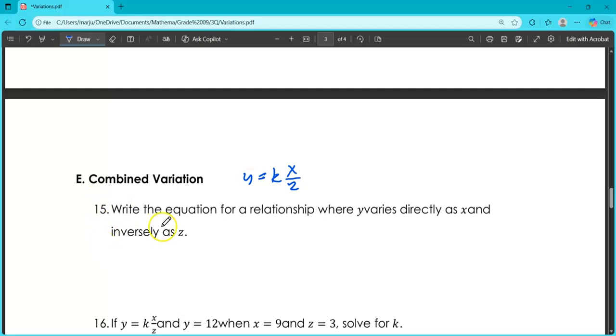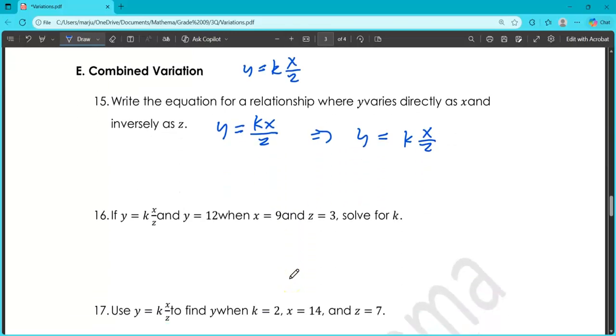Here, write the equation for a relationship where y varies directly as x and inversely as z. So basically, y varies directly as x, so we have k, x, and inversely as z. So that's it. Or you can do it this way, y equals kx over z. The same thing.